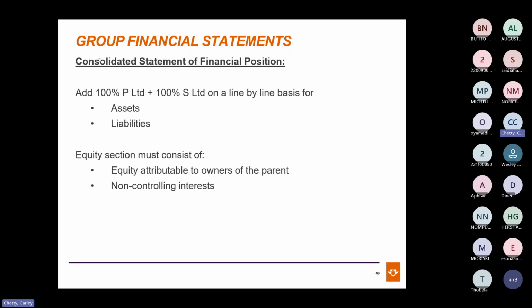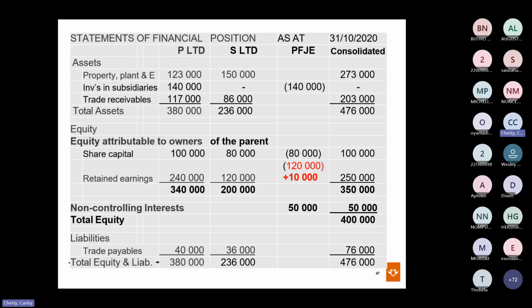So remember, when we looked at the consolidated statements of financial position, we added 100% of P Pty Limited and 100% of S Limited on a line-by-line basis for assets and liabilities. So the equity section, again, will be split between the equity attributable to owners of the parent and the non-controlling interest. Okay, so here we have the consolidated statement of financial position.